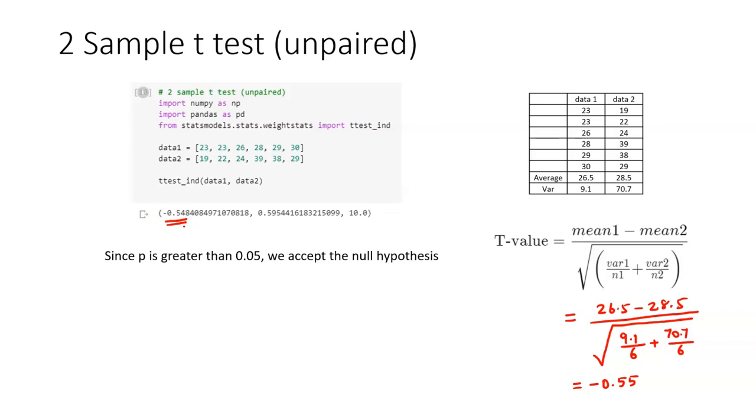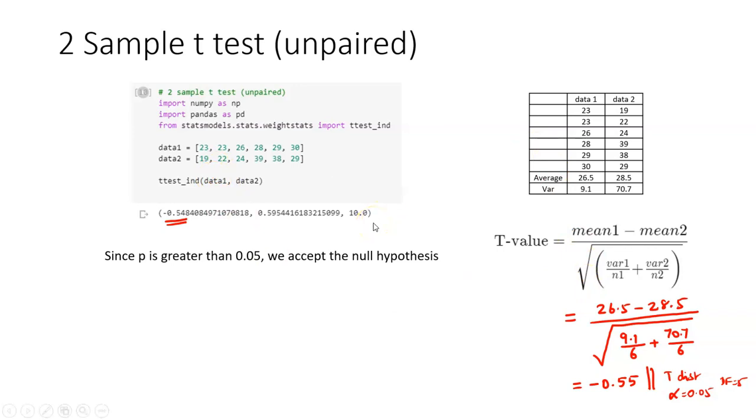So I can, as I said, compare this t-value with the critical value from the t distribution table, corresponding to a confidence level of 0.05 and degrees of freedom. How many data points are there? There are 6 data points, so the degrees of freedom will be 5. So this is how I do it manually and this is how I do it programmatically.